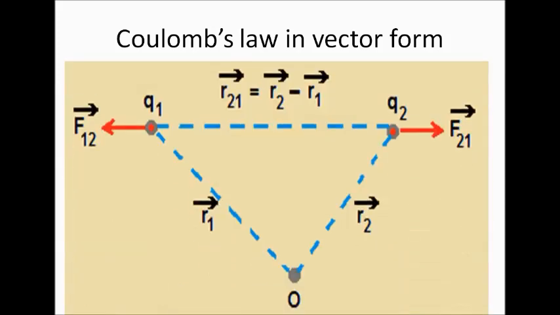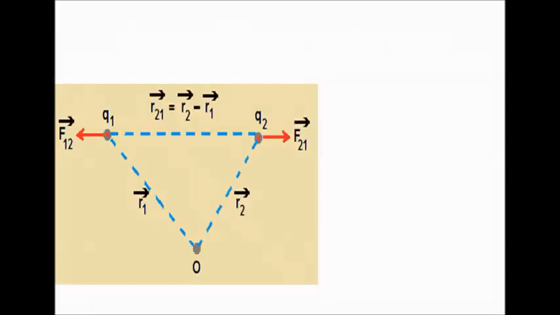I'm taking here the example of two point charges Q1 and Q2. Here I'm taking two positive charges. You can see a few vectors represented in this diagram. Let's see each vector one by one. Q1 and Q2 are positive charges.